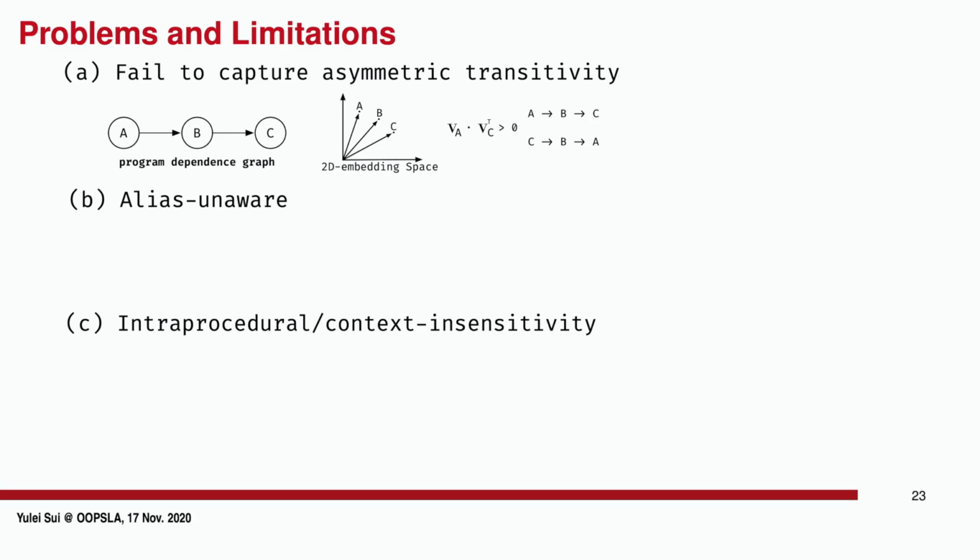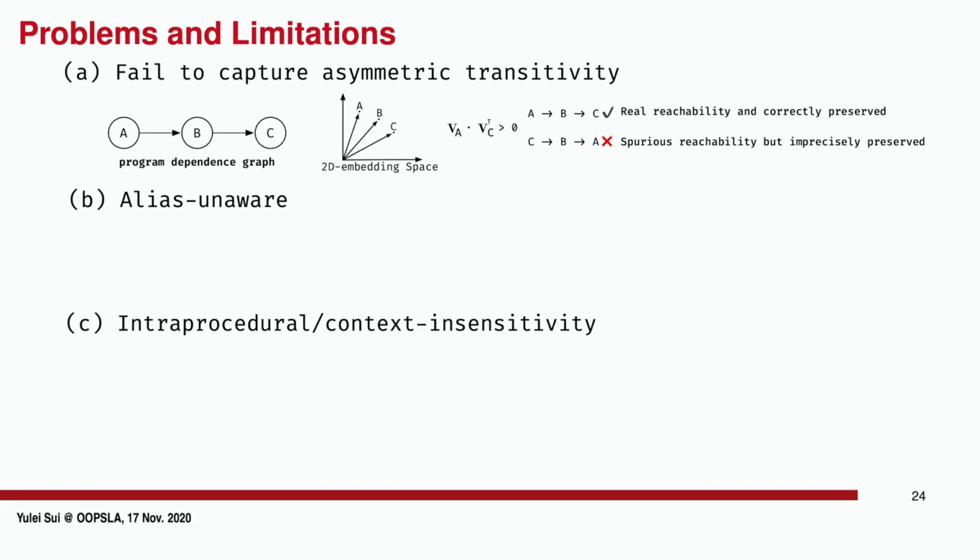When mapping the graph space to a low-dimensional embedding space, an approach which does not consider asymmetric transitivity measures the bidirectional relation between A and C using the inner product of their corresponding vectors, thus imprecisely preserving two reachability relations, from A to C and from C to A, though the latter one is spurious.